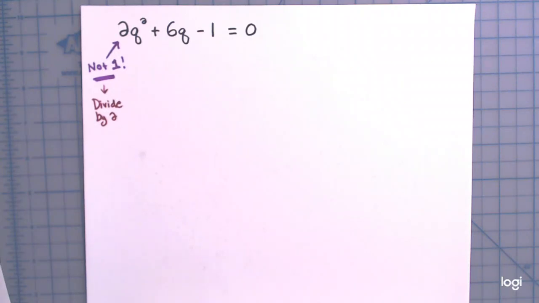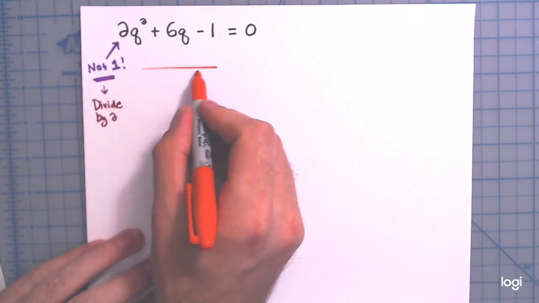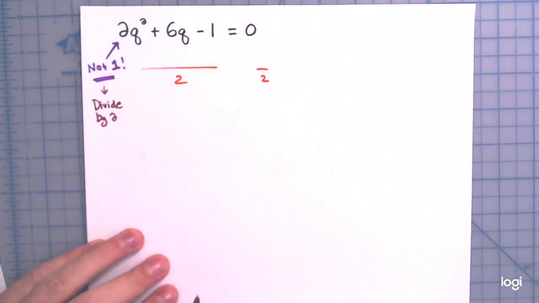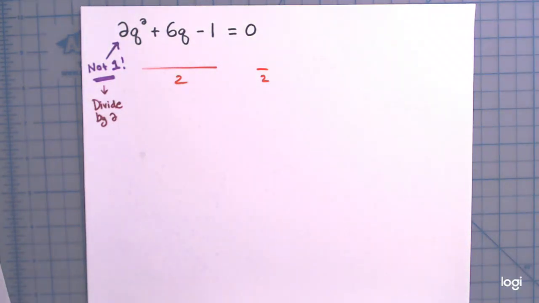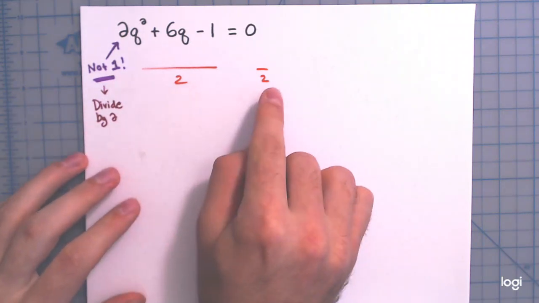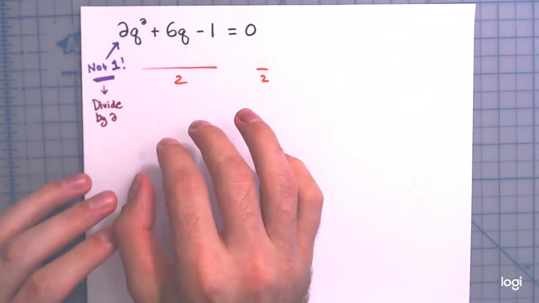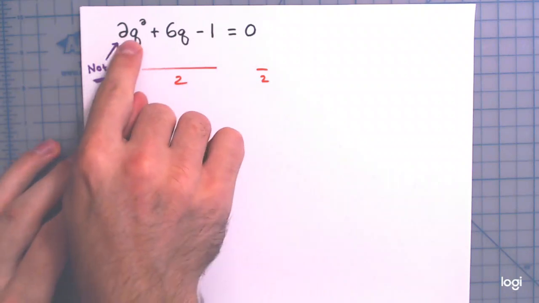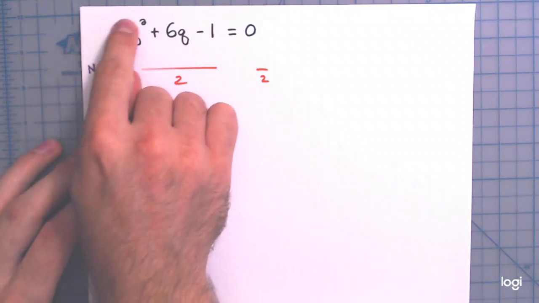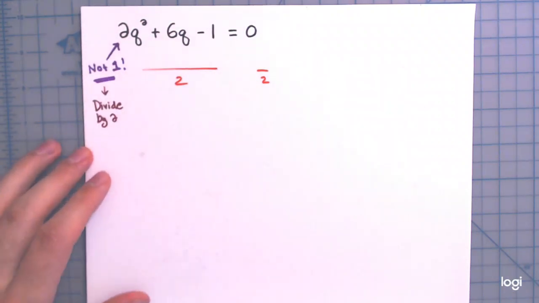All right, so I'll write that up here. Let's divide by 2, and then the other side, same thing, divided by 2. Now remember, you're doing this to every single term. It's like multiplying by a half. Dividing by 2 is multiplying by a half, and this is a big sum and difference here. You would distribute the half to all these. You do it to every single term.